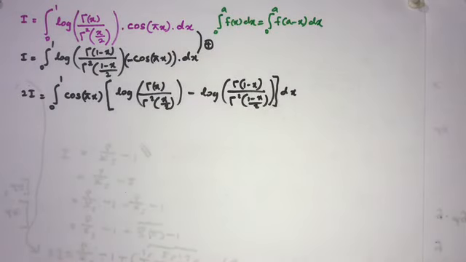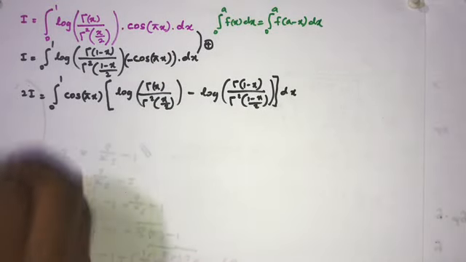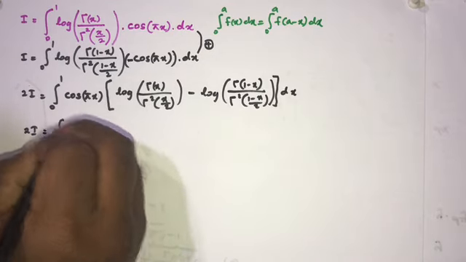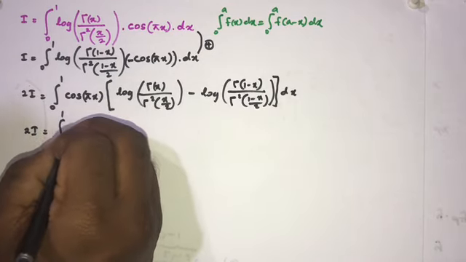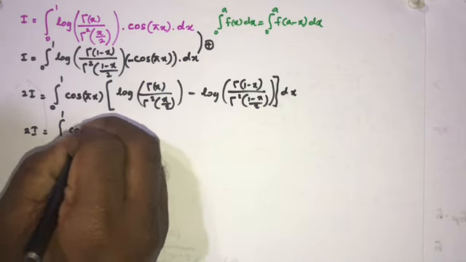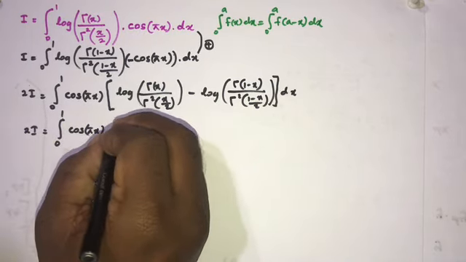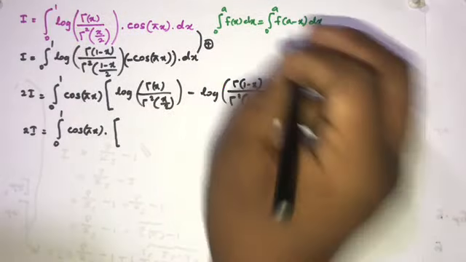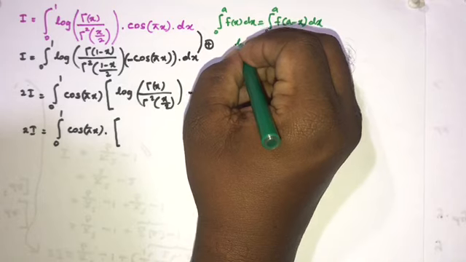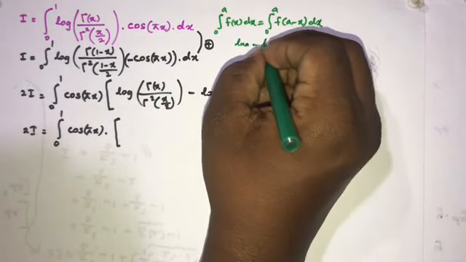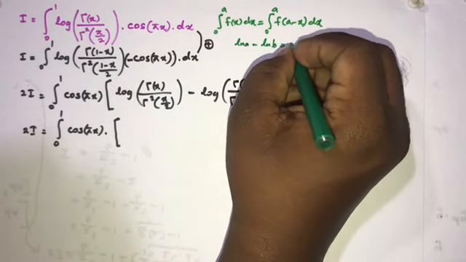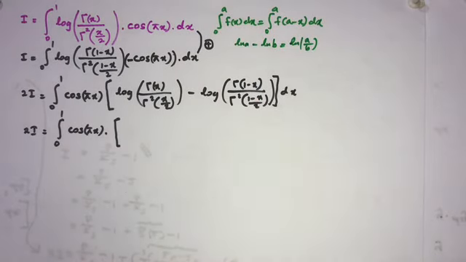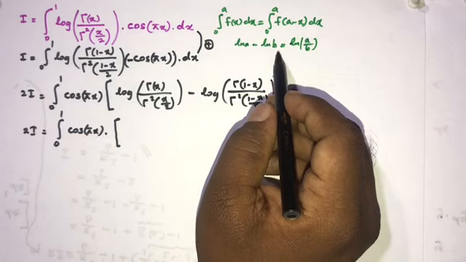Okay, now we can simplify. According to the property of natural log, natural log of a minus natural log of b is equal to natural log of a over b. So now we can apply this property.